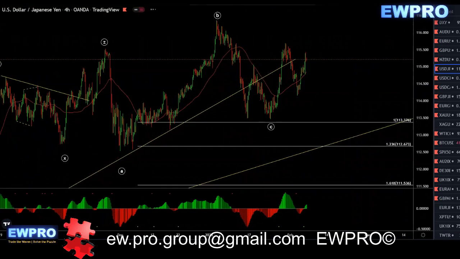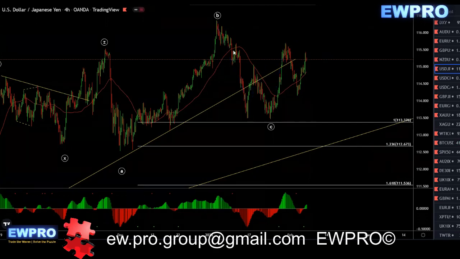We're looking at this as a possible A, B, C on the H4 to give us another one up. A possible another one up, or this is the top. This is looking very corrective. So I believe this is the low here. So we got 1, 2, 3 down, and then an impulse up.